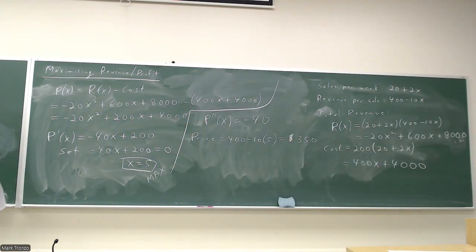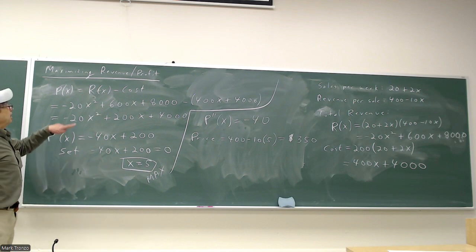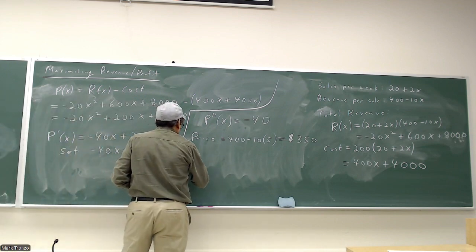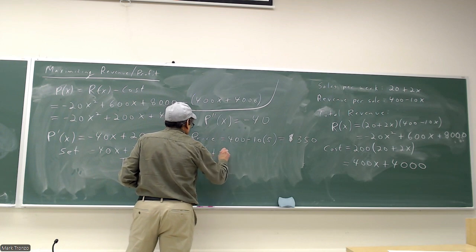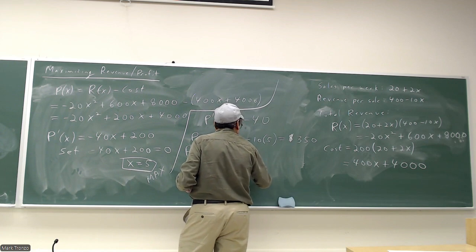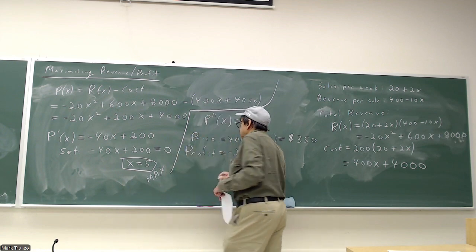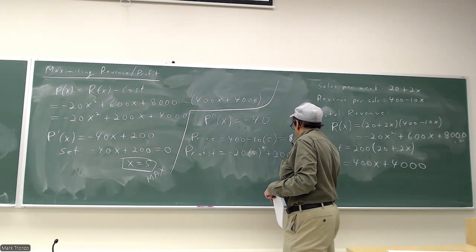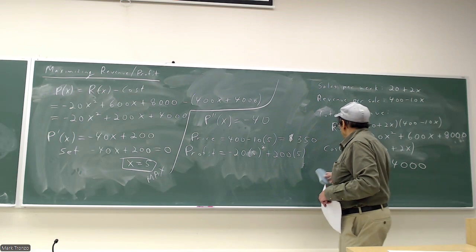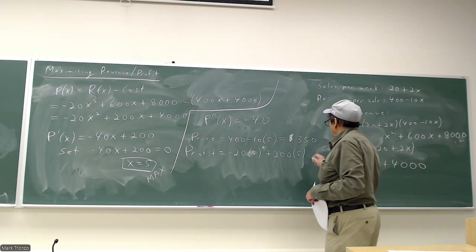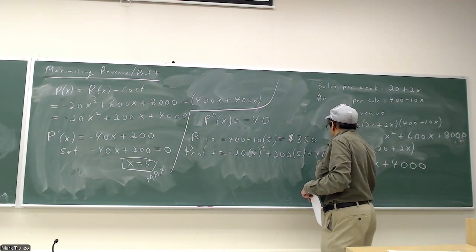And then if you wanted to find the actual profit, you could plug the 5 back into this equation here. That's going to be minus 20 times 5 squared plus 200 times 5 plus 4,000.